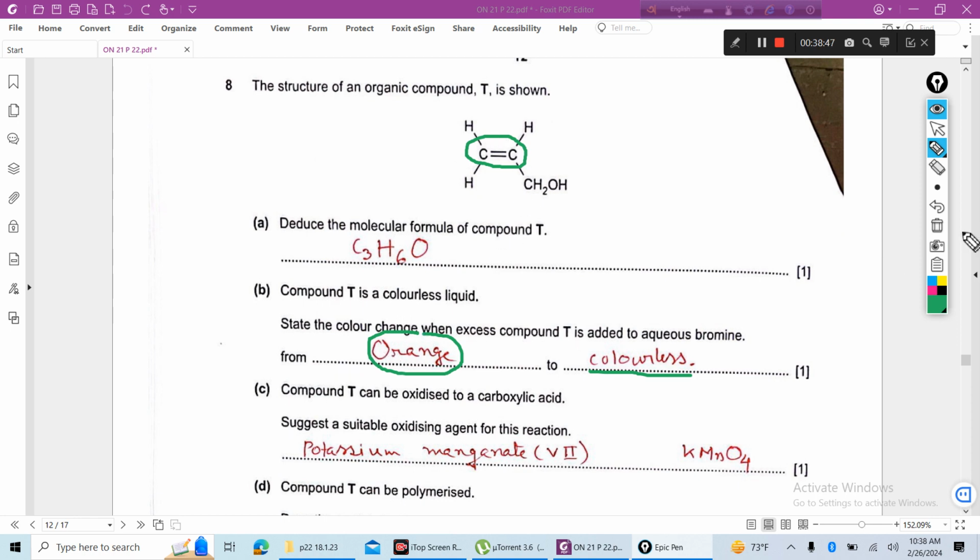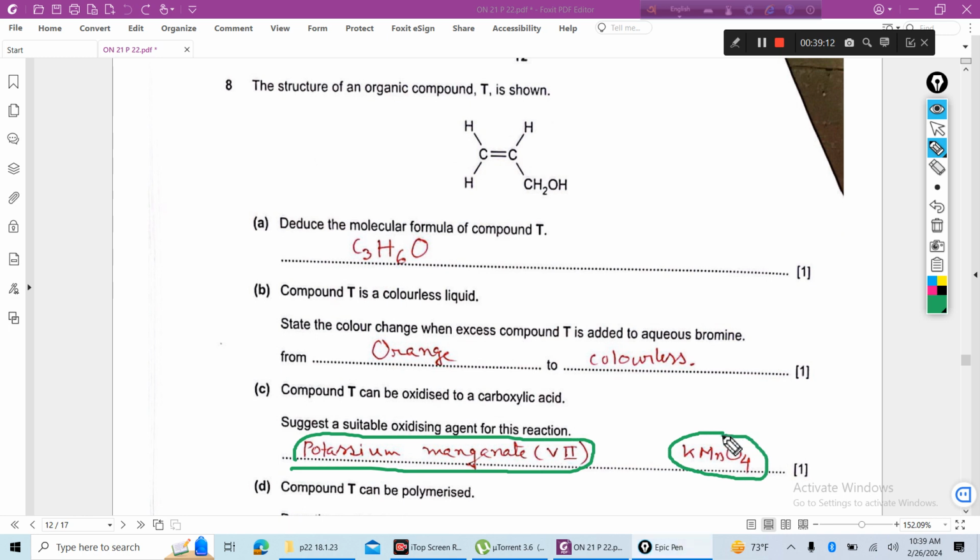Now see, compound T can be oxidized to a carboxylic acid. State a suitable oxidizing agent for this reaction. Oxidizing agent, this is a primary alcohol, so you can write potassium manganate(VII) or KMnO4.